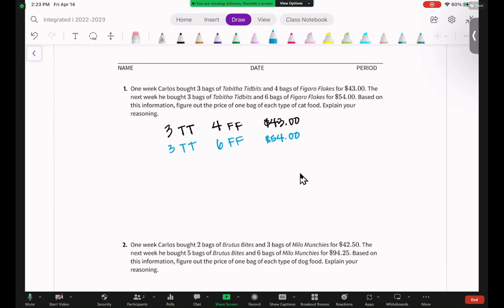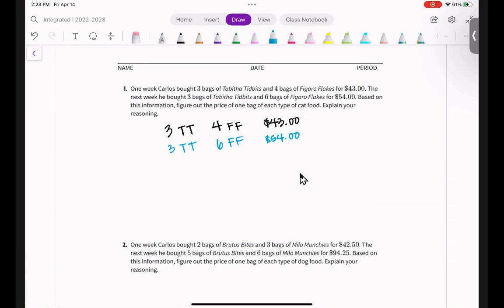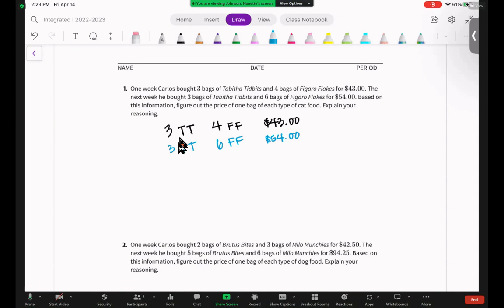What do you notice? The big part about math that you're supposed to do is be able to notice something. Once you start noticing things, then you'll be able to see. Maybe one of the things you notice is, hey, both of these have 3 bags of Tabitha tidbits. So really the difference between the first purchase and the second purchase was in the Figaro flakes.